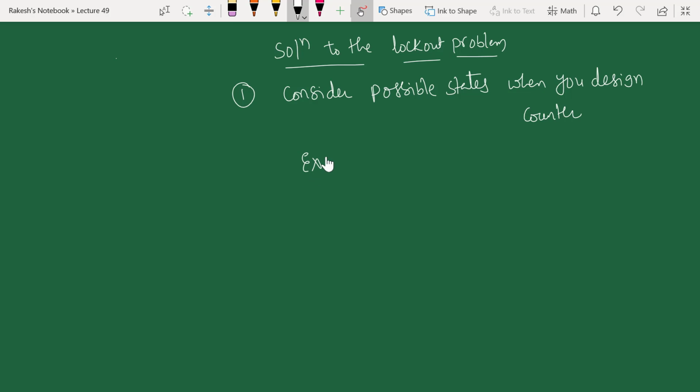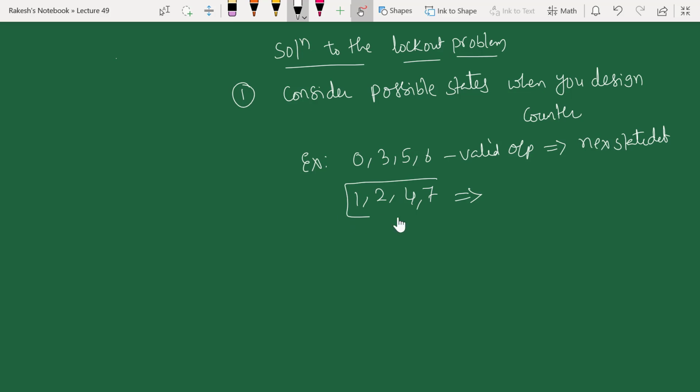Suppose for example in our case 0, 3, 5, 6 are valid output states. For this, next state is clearly defined. For 1, 2, 4, 7, now we have to consider these output states also.